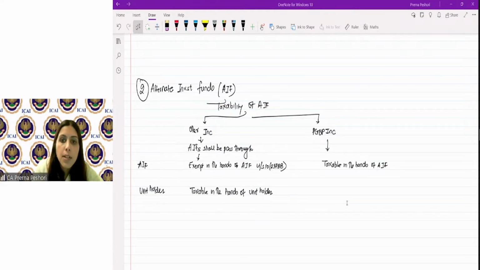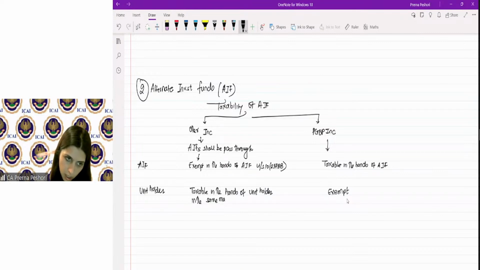Any other income is taxable in the hands of the unit holder in the same manner and to the like extent. Are we clear?